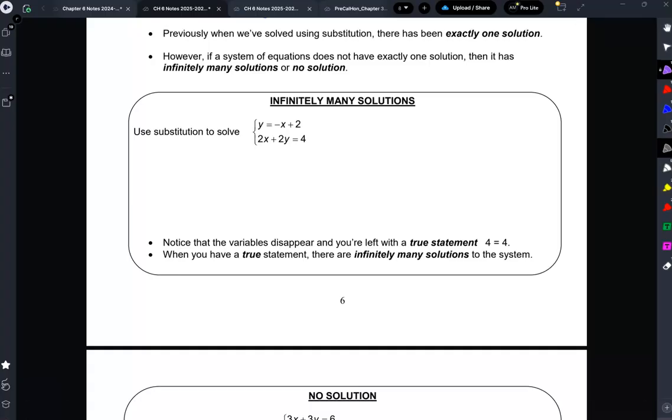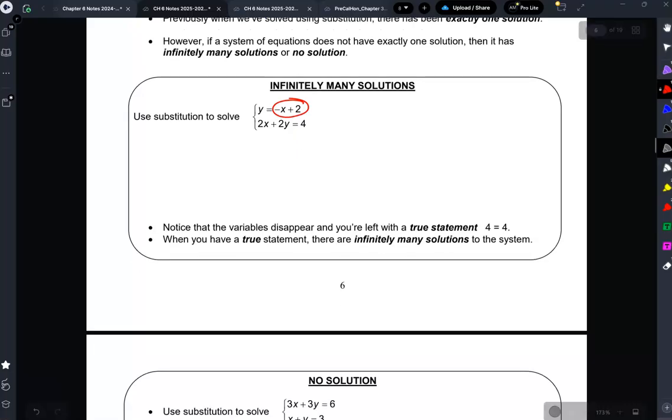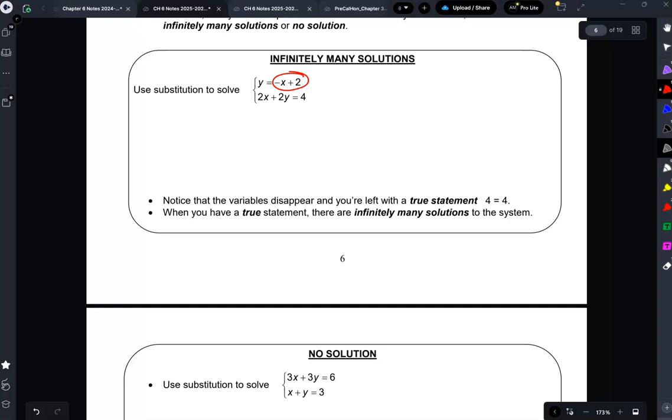Okay, so here we go. So we're going to use substitution for this one. Y is equal to this. So here I'm going to put it into the y. Okay. So 2x plus 2 times y. Oh, 2 times y.